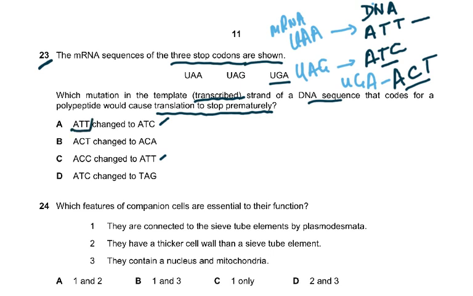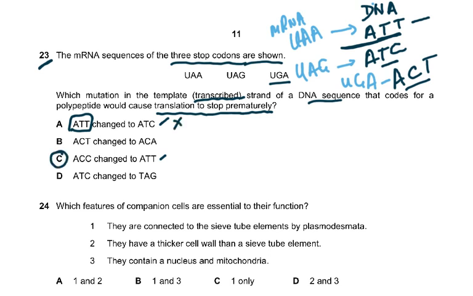Because if ATT was present in the template strand already, then it would have resulted in a stop codon. If it was ATT, it would have resulted in a stop codon even then. But it said a mutation has resulted in something changing to something and resulting in the translation being stopped. So that is why the answer was C.